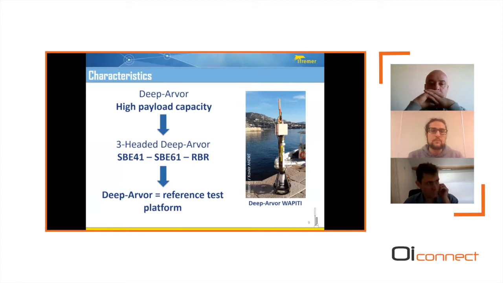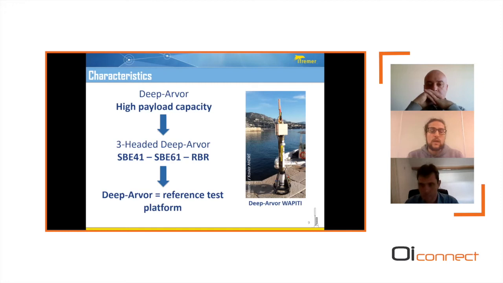So we like to say that the DPower has a high payload capacity because it's designed around the tube, so it's easy to embed more equipment or sensors with few mechanical adjustments. And because of that, as well as its robustness and its high reliability, we developed the Threeheaded from the DPower.